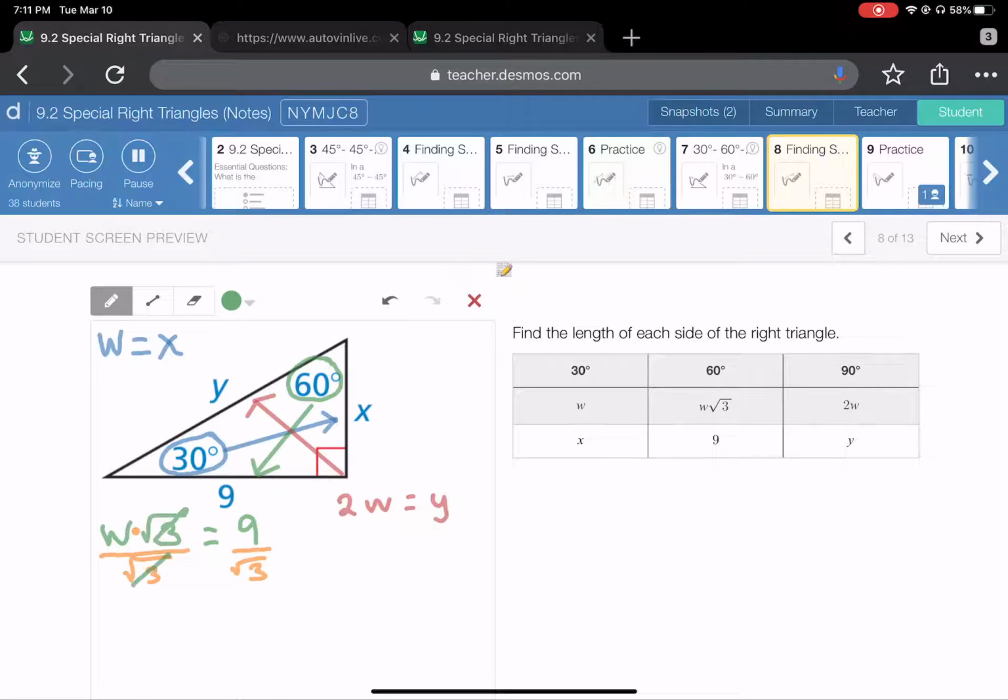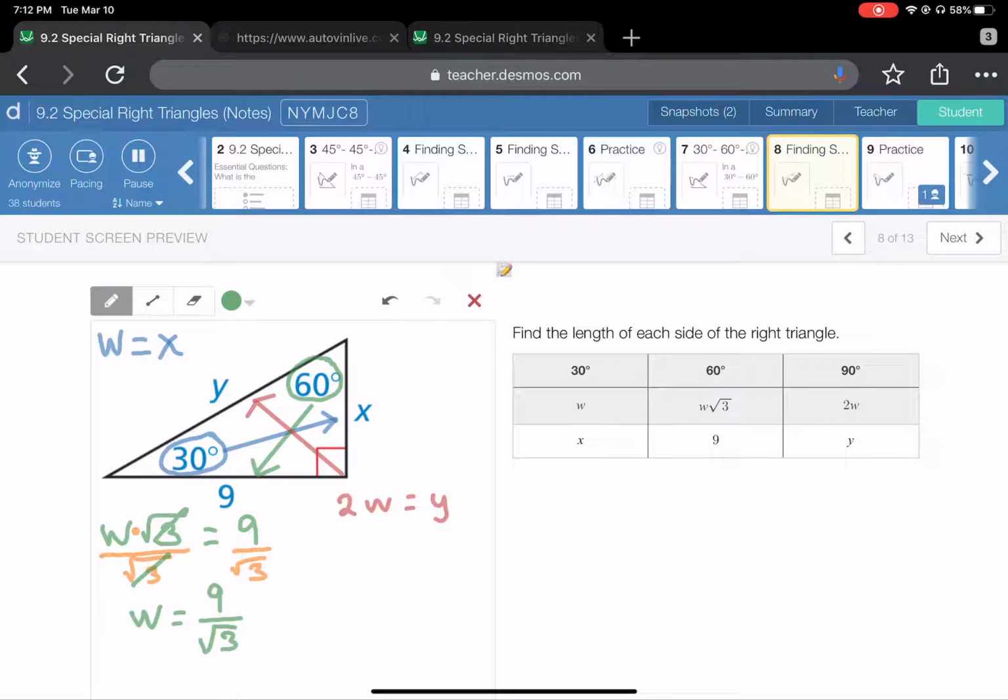Square root of 3 cancels out with square root of 3. Okay, and then we're going to go ahead and leave it how it is. We're going to have the calculator give us our value. So then we have W is equal to 9 over the square root of 3.